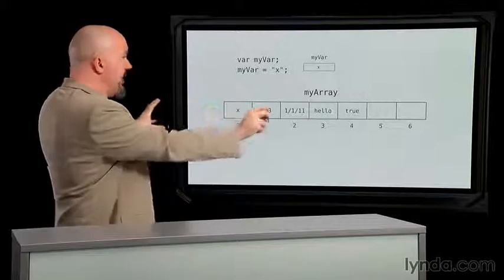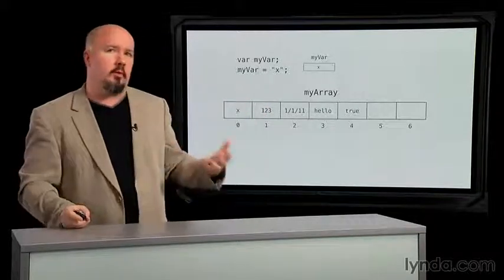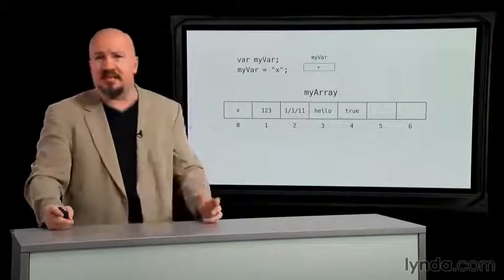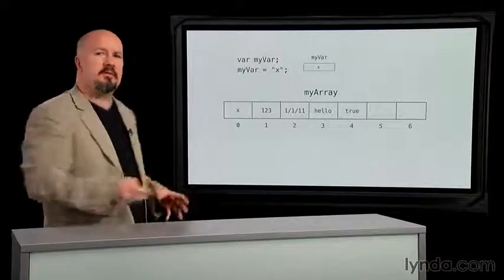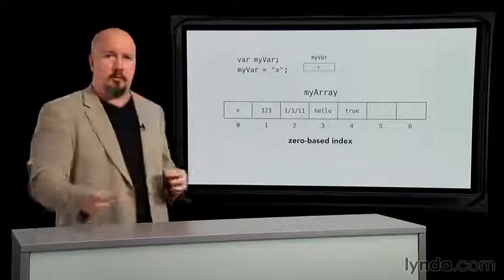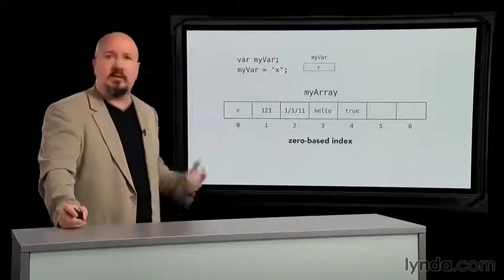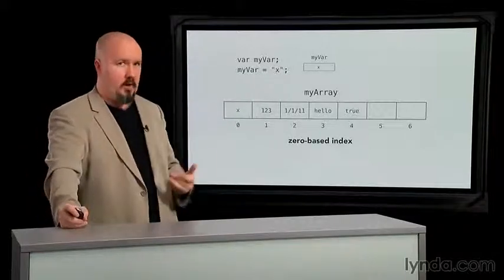So I've got an array with 7 elements in it here. But there's no minimum or maximum size. You can make arrays as big as you need them. You're simply limited by the amount of memory you have available. In JavaScript, like most languages these days, arrays are zero-based. That means the first element in the array is considered to be at position 0, not position 1.